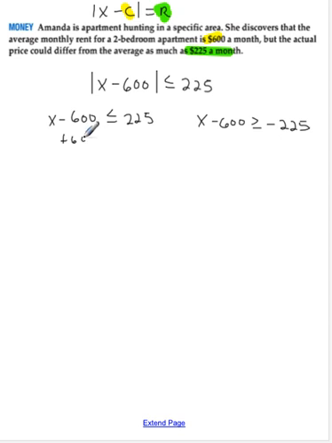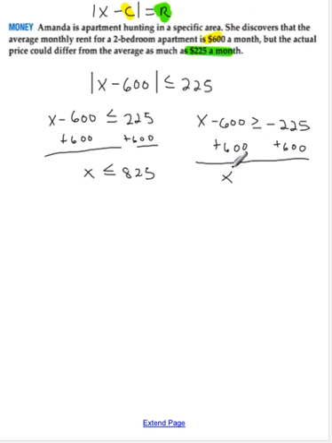So solving gives me that x is less than or equal to $825, or here x is greater than or equal to 375. I just want to check that arithmetic.